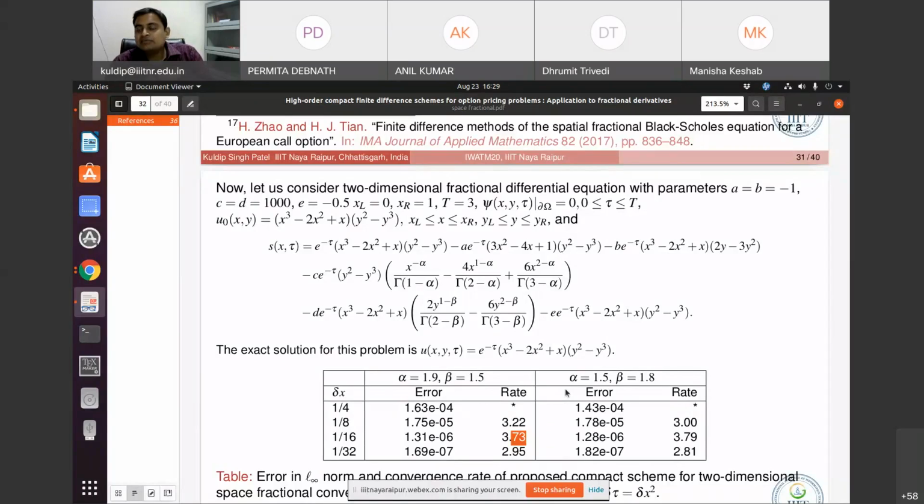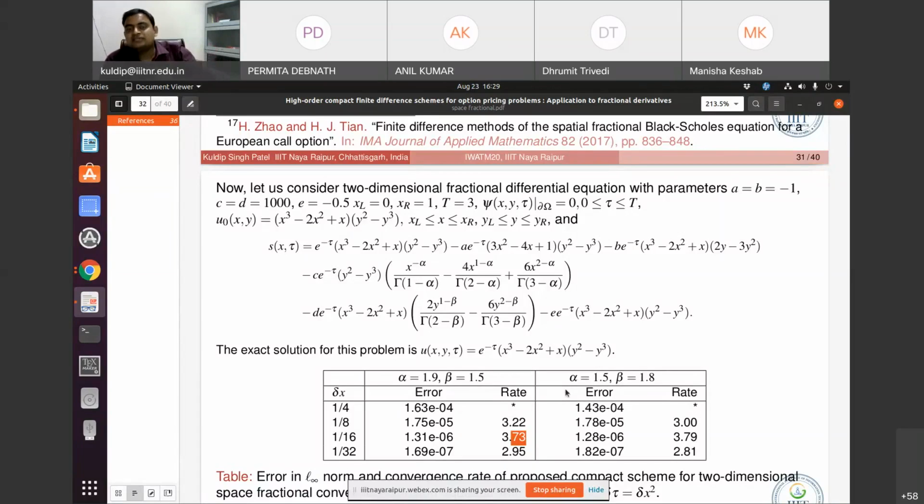In option pricing we have checked, but it can be for general PDEs. If you see, in every case I started with convection diffusion general PDE, and then I went on to the option pricing PDE. So it is not that it is working only for option pricing PDE. Of course, those who are working in the other direction can also apply this kind of scheme to their work. I am pretty sure that it would work.